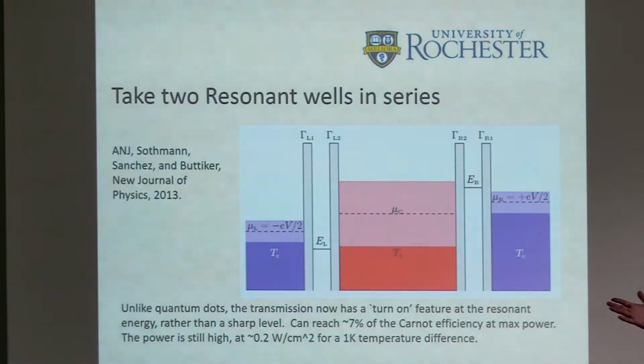So the bigger the transverse dimensions are, you get more and more channels, more and more power producing. We get about 7% of Carnot efficiency at maximum power, but I get about 0.2 watt per square centimeter with a 1 Kelvin temperature difference. So this is really, I think, a promising avenue to make a scalable mesoscopic type thermoelectric.